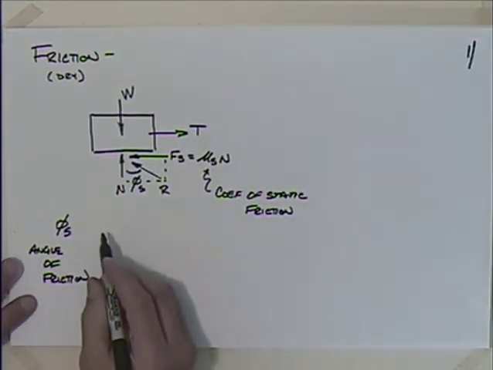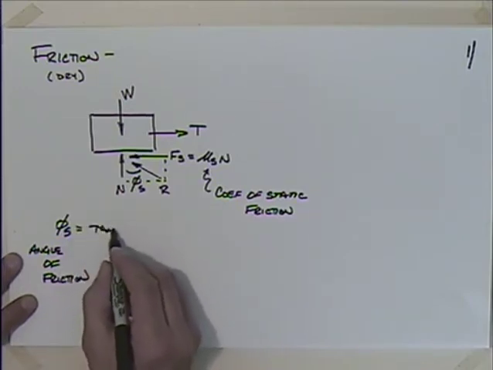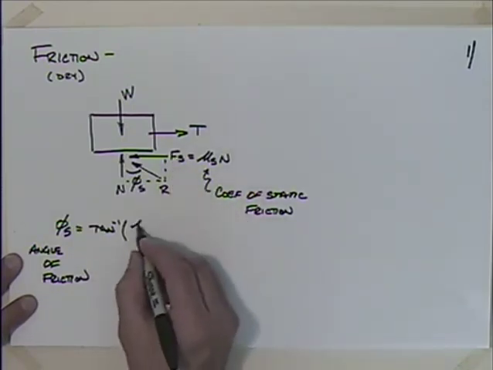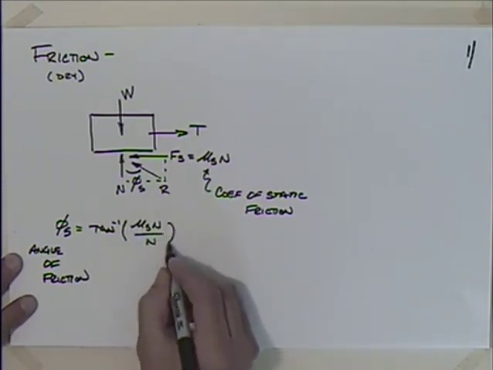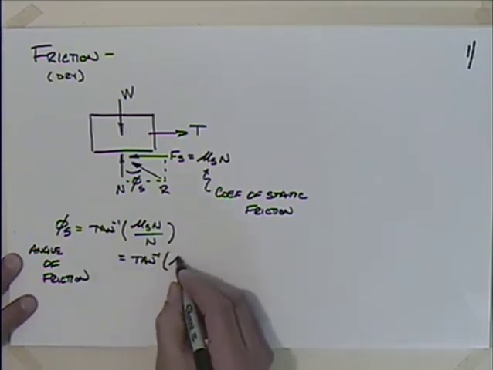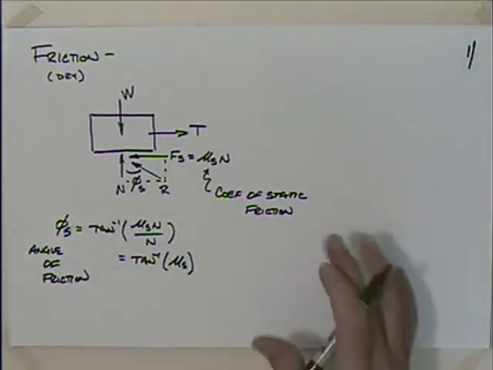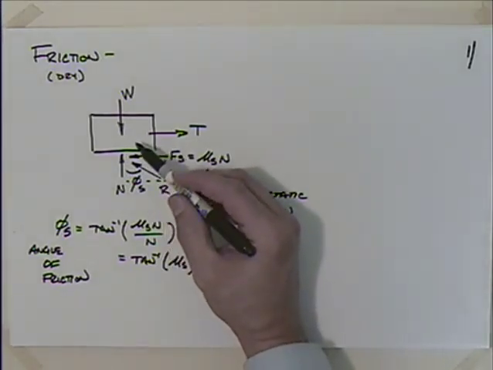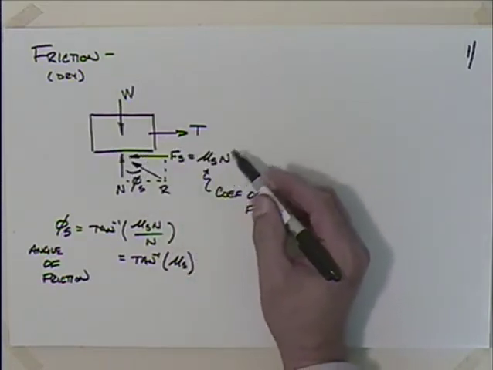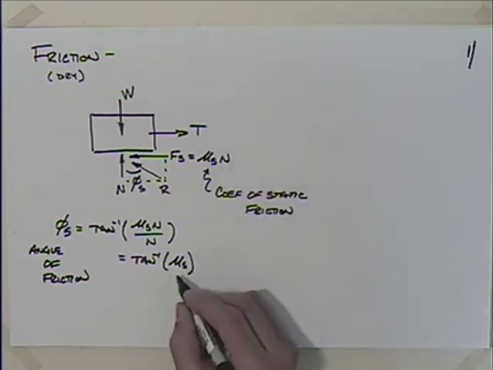If we look at that, we could say that that's really equal to the arctangent of the opposite side, which is F sub S, which is going to be mu sub S times N, divided by N. So when we cancel the N's, this is really equal to the arctangent of mu sub S. So a lot of times when you look at certain materials, maybe wood on concrete or steel on steel or concrete on earth, you can look up and they will report to you what the coefficient of static friction is, mu sub S, or they might give you the angle of friction.